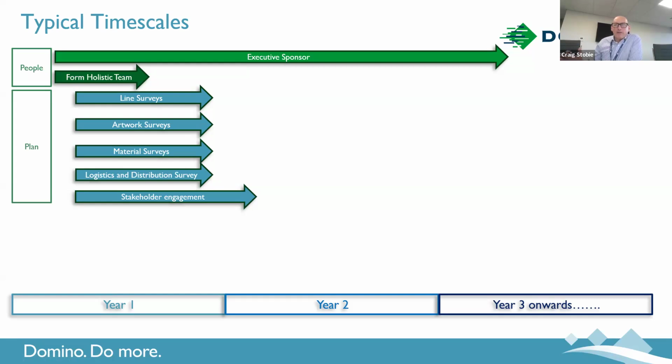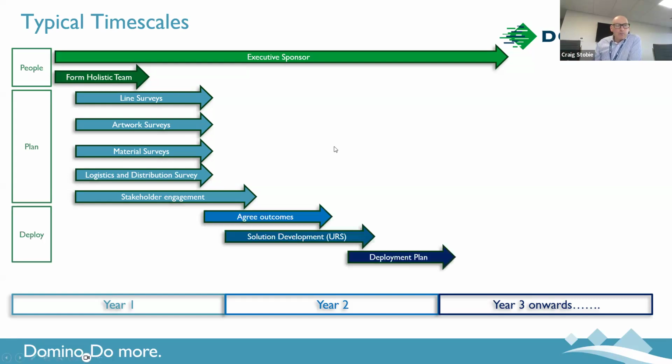Often, even if you've got the same equipment, no two production lines are the same, or the equipment's not the same, or the MES level's not the same. We should think about the range of artwork that you've got, the materials used, different materials from different suppliers, the supply chain, and what the stakeholders need. That can take over a year just to really understand what that landscape looks like.